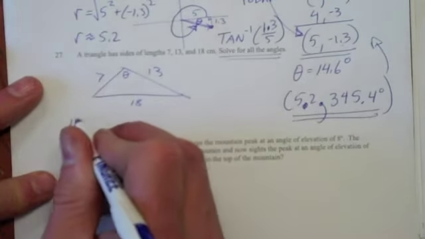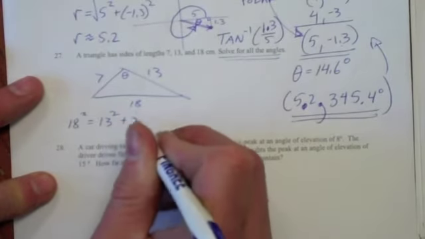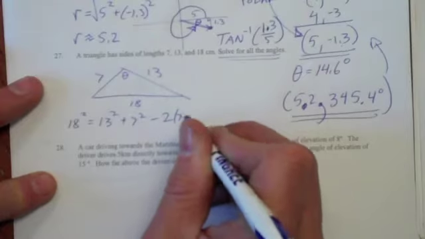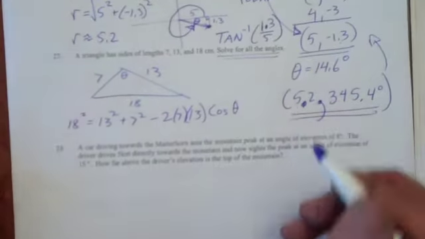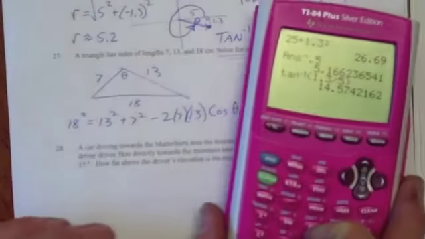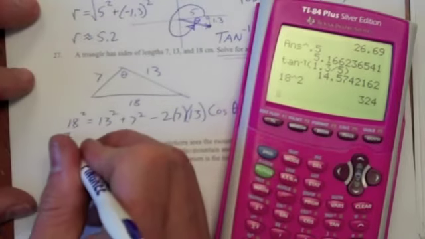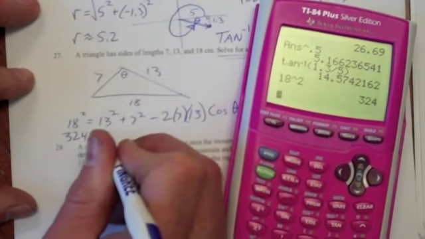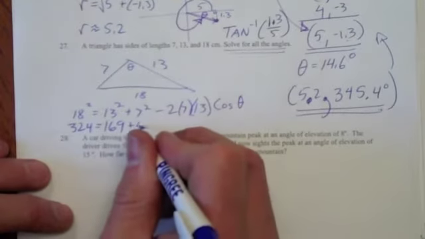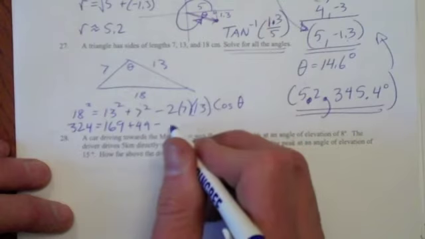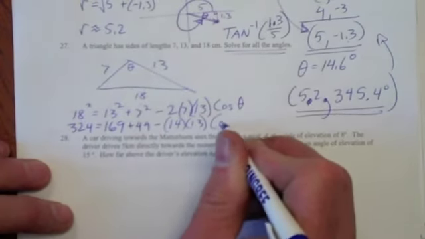I'll say 18 squared equals 13 squared plus 7 squared minus 2 times 7 times 13 cosine of theta. And now I'm just going to work backwards really quickly. From there, 18 squared is 324. Then 169 is 13 squared plus 49 minus 14 times 13 times the cosine of theta.